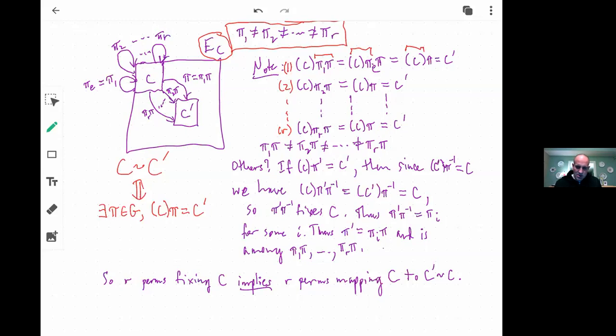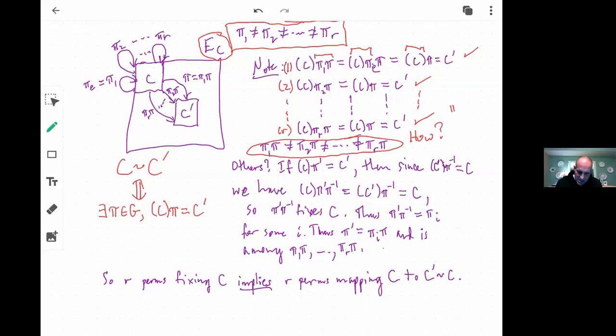And I can do a similar thing for all of these. Pi 2 applied to C is just C because it fixes it. And I apply pi and that sends me to C prime. All of these are sending C to C prime. And my claim here is that all of these things are actually different. So how are they all different? Well, notice the following.